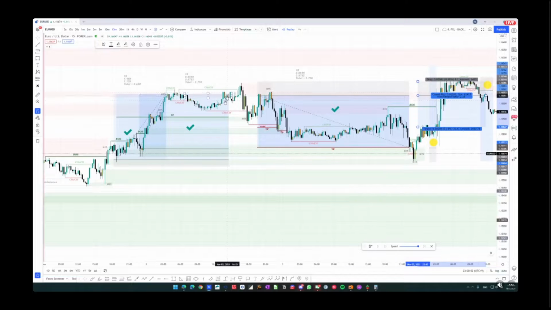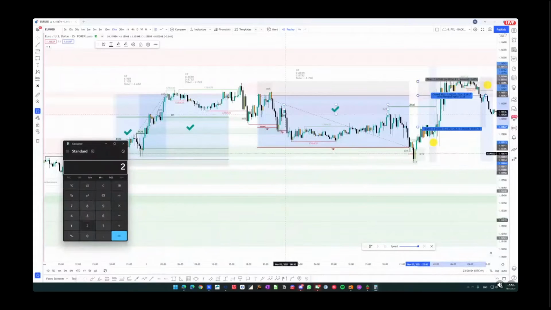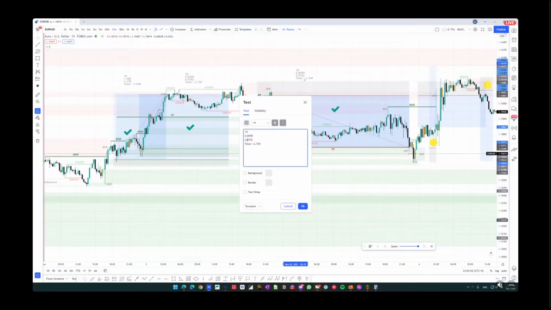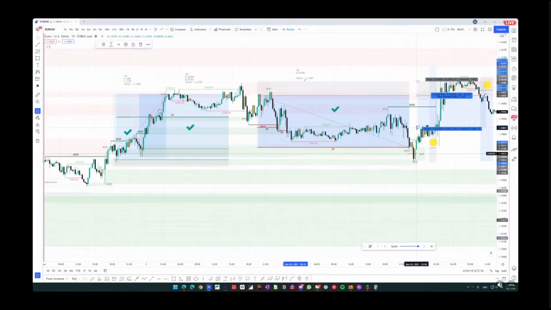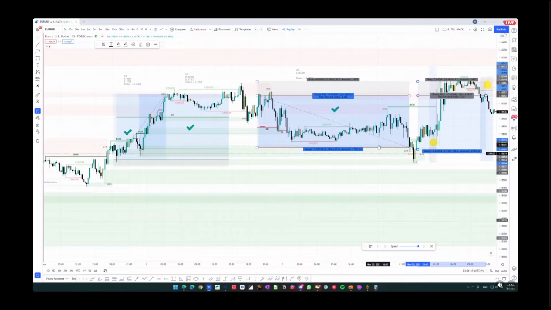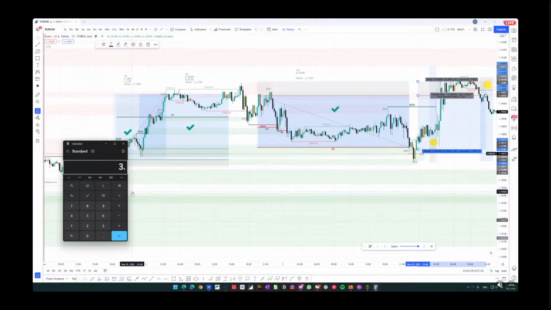So 2.26 times 0.25 is 0.57. And the second one is the same as the take profit. Ah, did I calculate that? Yeah, I calculated it. So that's 3.68. So what's left on that trade?